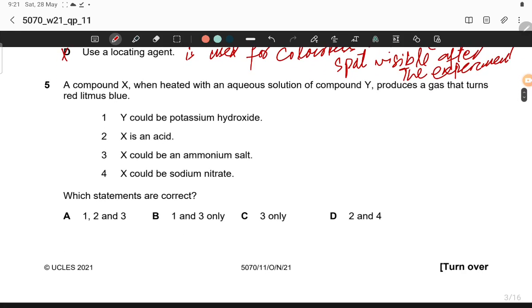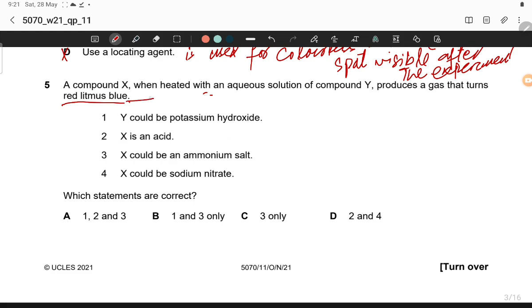A compound X, when heated with an aqueous solution of compound Y, produces a gas that turns red litmus paper blue.